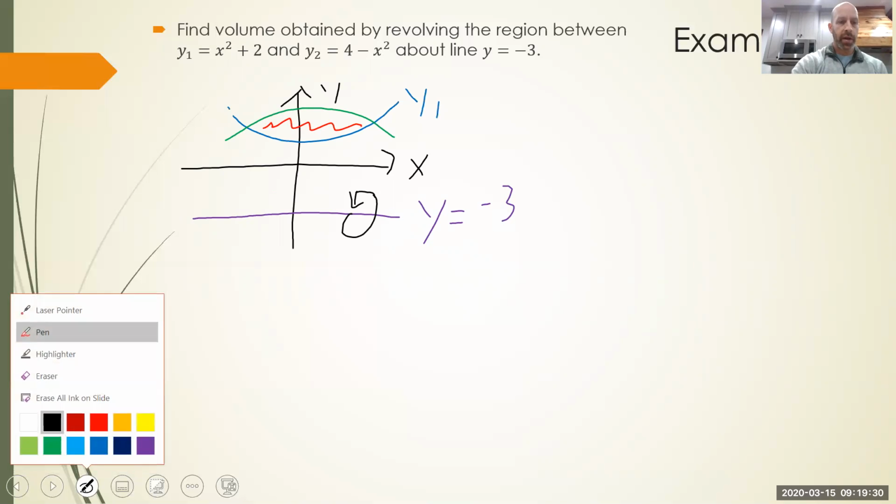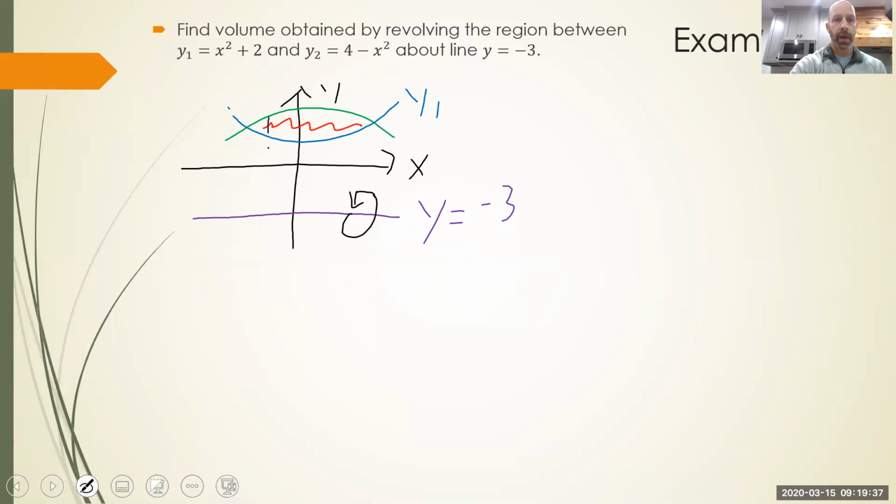We need to draw our representative rectangles. Let's do that in, I guess, kind of dark blue. This right here is going to be big R, and big R here is going to be the green curve, which I believe was y2. So it's going to be y2 minus -3.